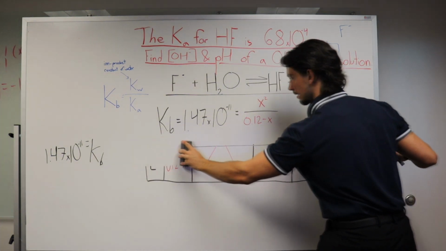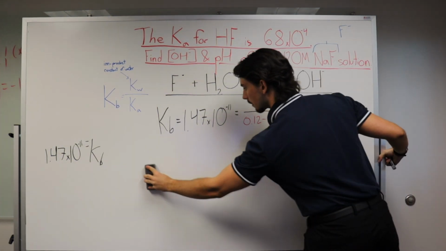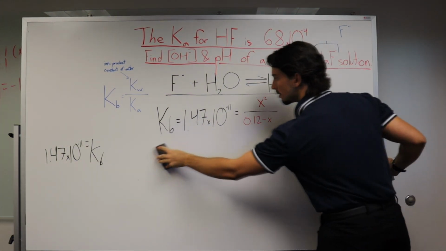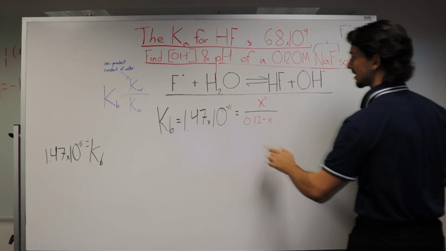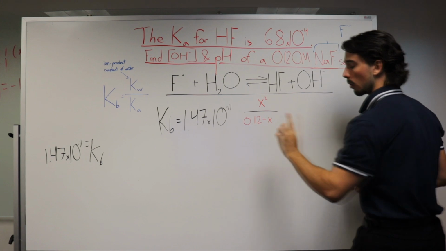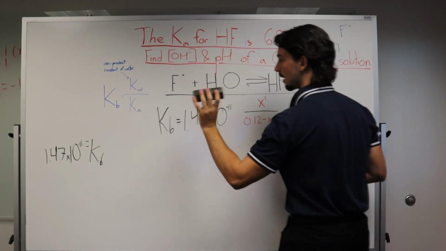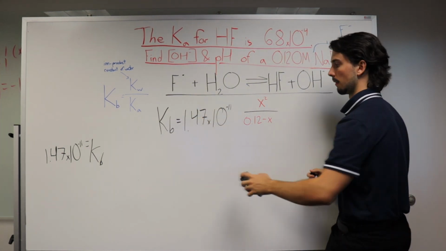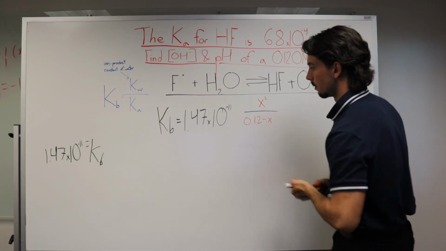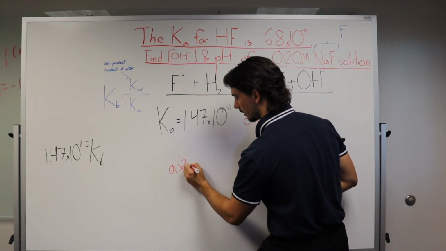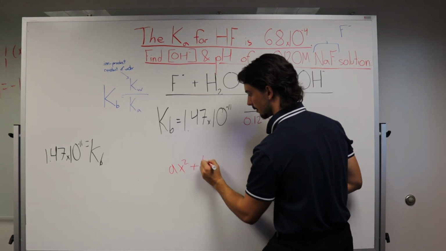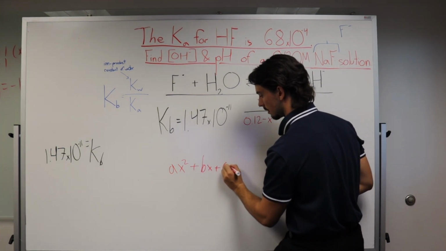So if I erase this to make more room, what we're going to want to do is to write it in the quadratic formula form. So when we're done moving things around, this is where we're going to want to be.